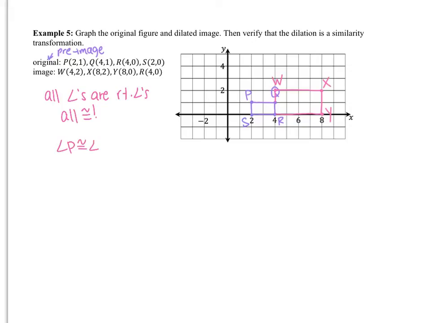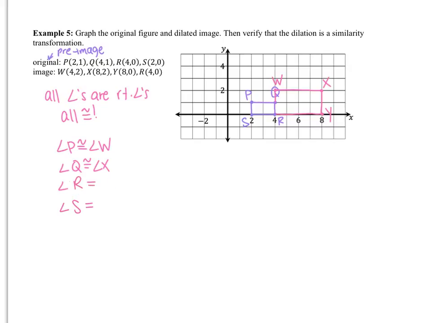angle P is congruent to angle W. Angle Q is congruent to angle X. And this is important, the order which you put it, because we can technically do it a couple different ways, but we're just going to assume the orientation is the same. So upper left, upper left, upper right, upper right. So angle Q is congruent to angle X, and no, we don't need to name any of them with 3 letters here. I'm sorry, I actually want to say this in a different order because I was going in the first image.